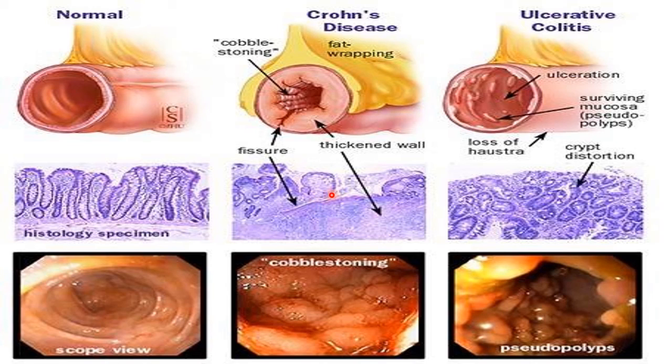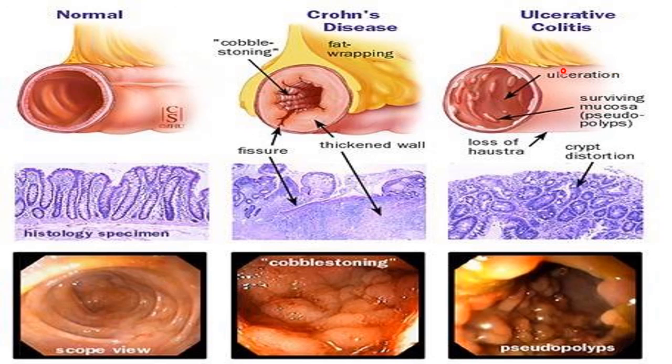This is the fissure, transmural, and this is the thickened wall. And at the bottom of the middle, this is the endoscopic appearance of Crohn's disease, showing the cobblestone appearance. The normal areas appear raised compared to the diseased ones.